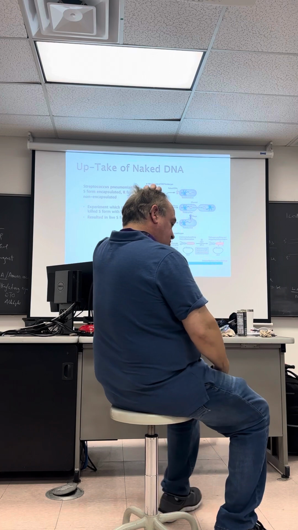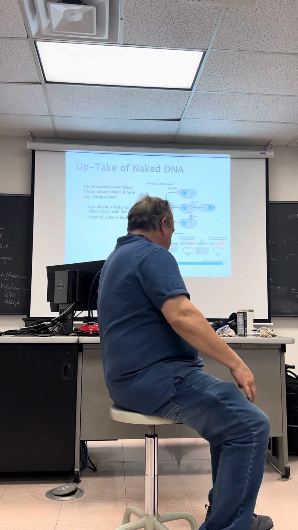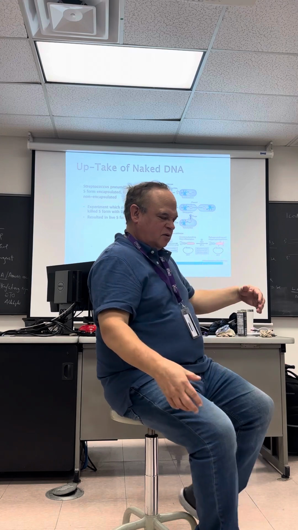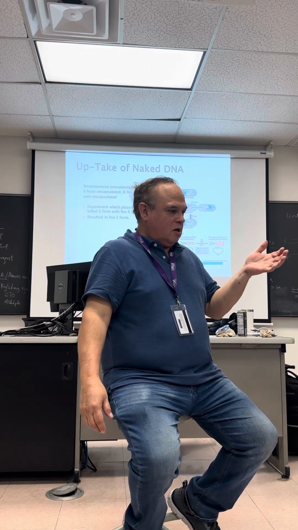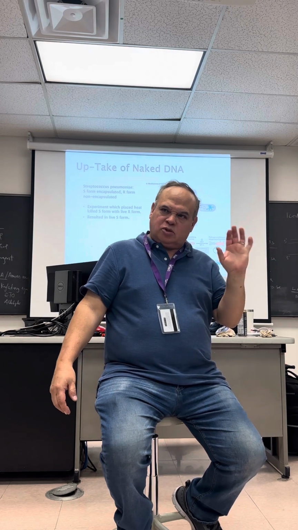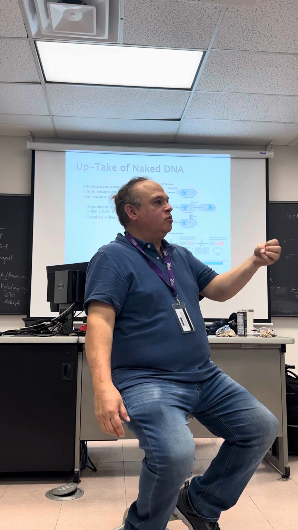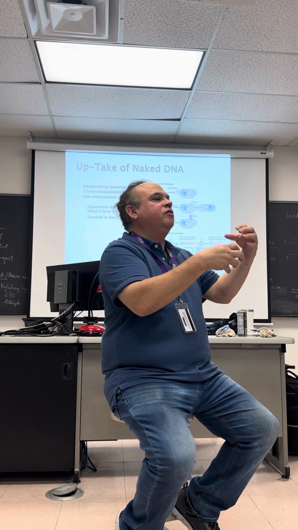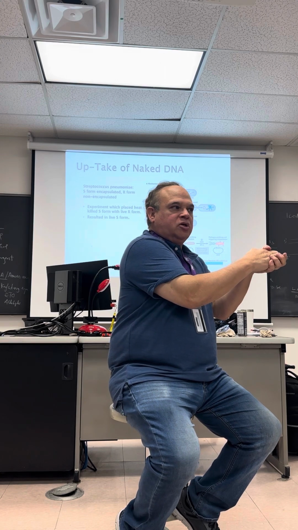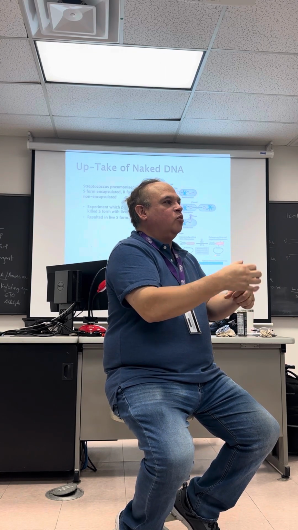There's a very famous study by Griffith, a researcher. Klebsiella pneumoniae produces a capsule which helps it be very dangerous to us. He had one that produced a capsule and one that didn't, right? He called the one that produced the capsule the smooth form, and the one that didn't produce the capsule the rough form.